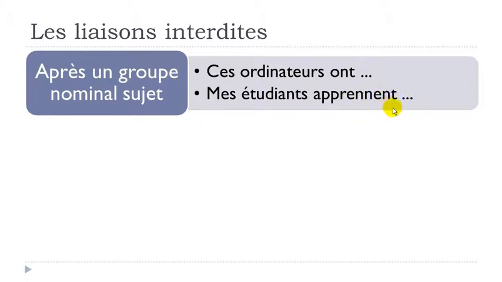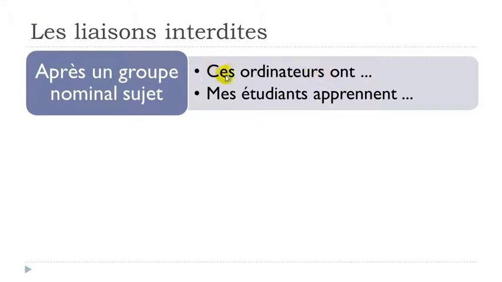The idea is that if you've got a subject like that, it's what we call un groupe nominal. In that case, it's not a first name, or a pronoun like je, tu, il, etc. It's a word or a group of words. And in that case, you don't make a liaison after this groupe nominal.